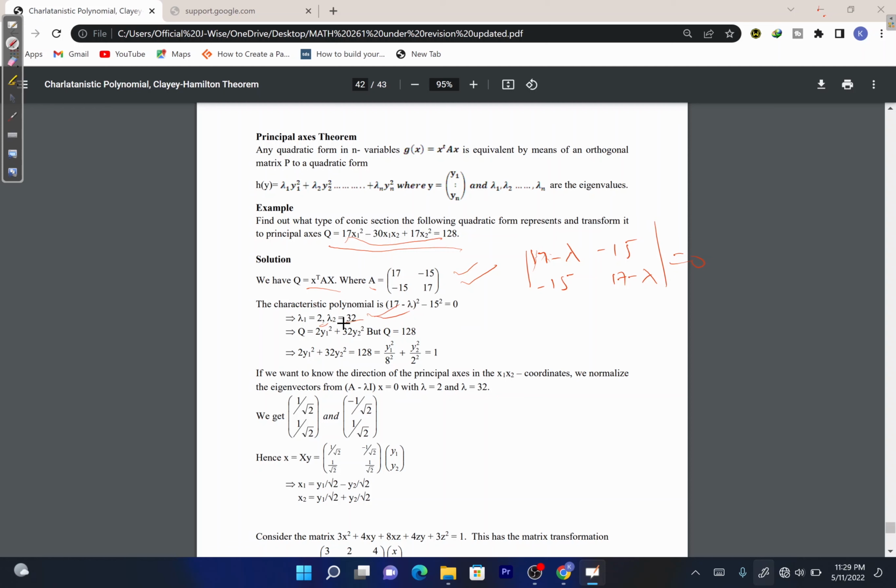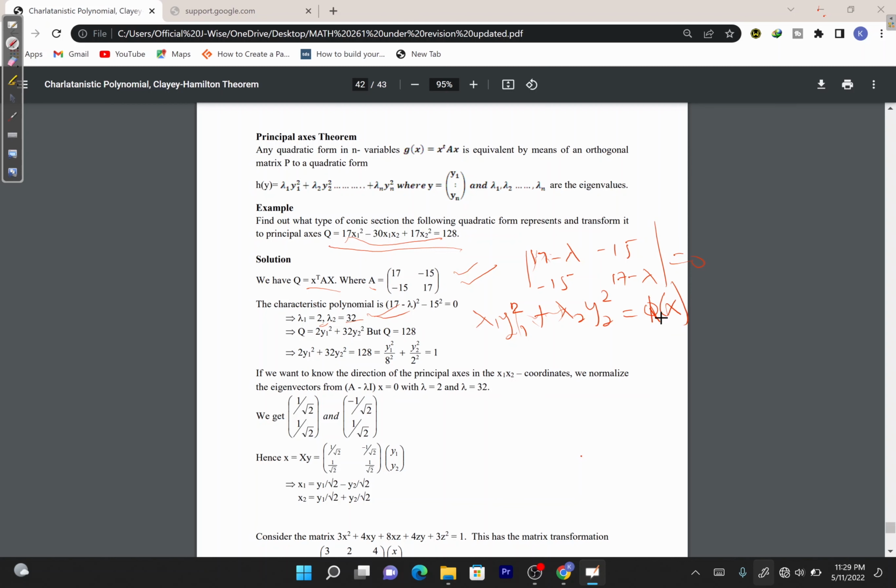Then from the principal axis theorem, we have lambda 1 y1 squared plus lambda 2 y2 squared equals Q of x.